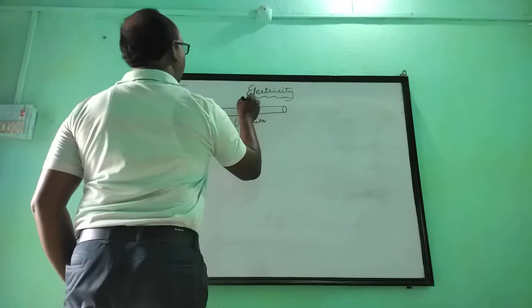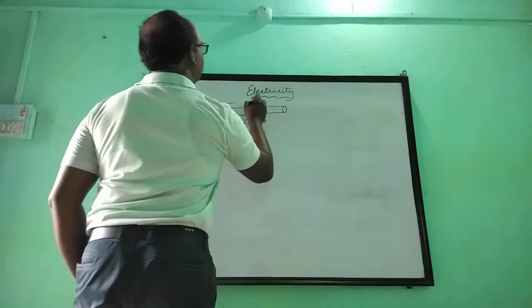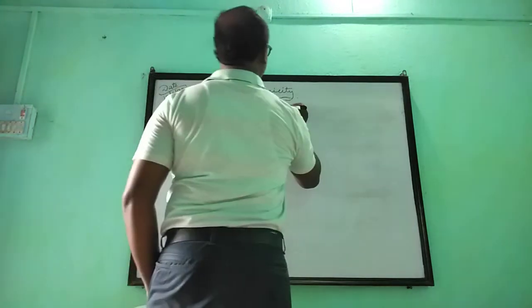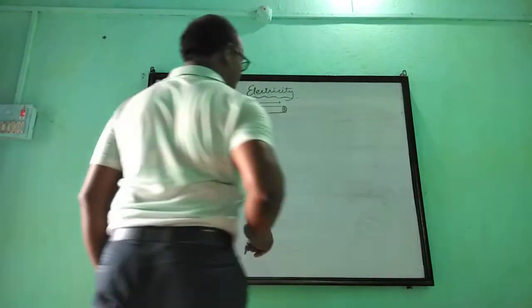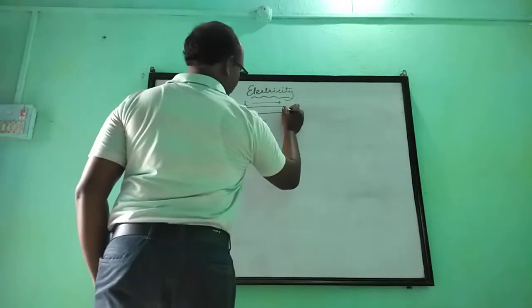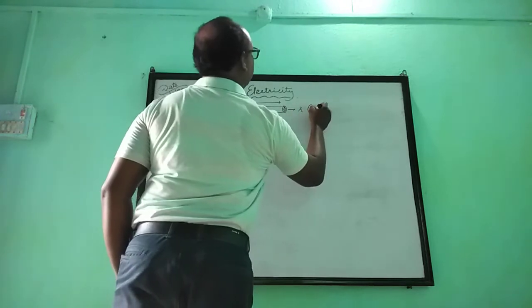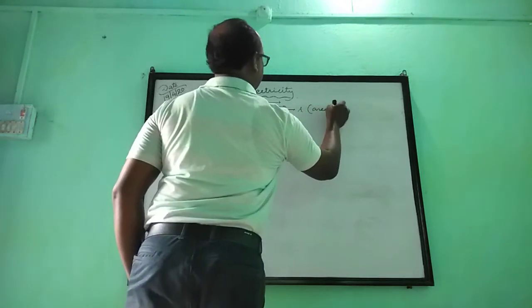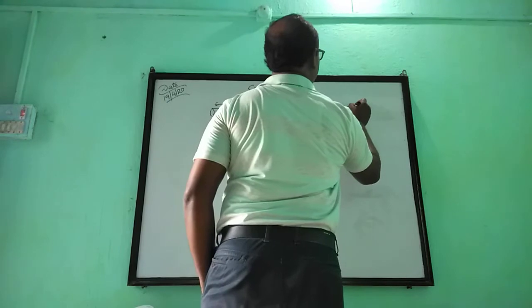Its length is L, and this is the cross section, the area of cross section, and it is denoted by A.